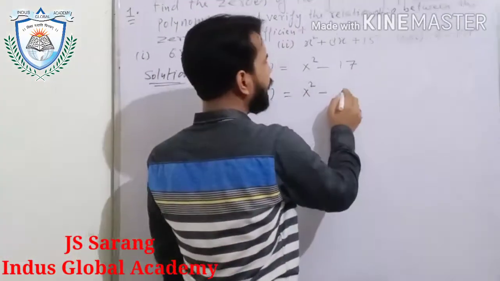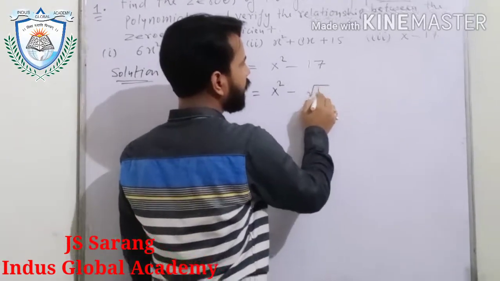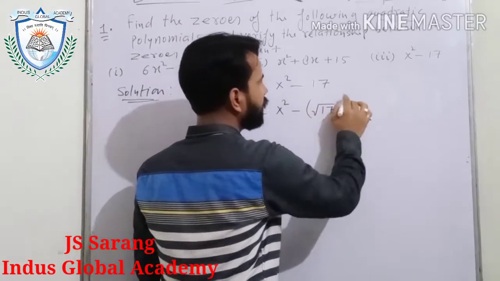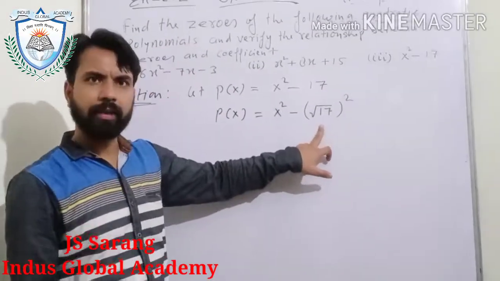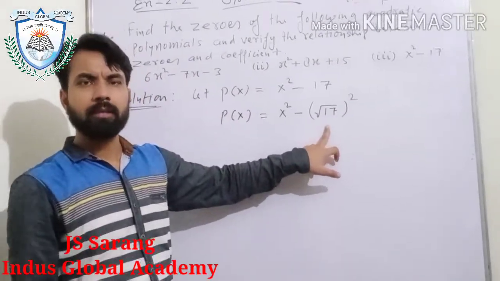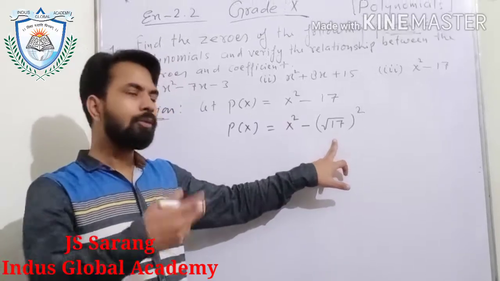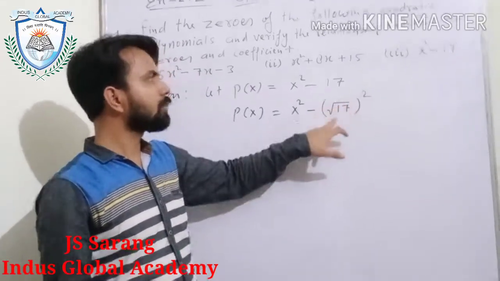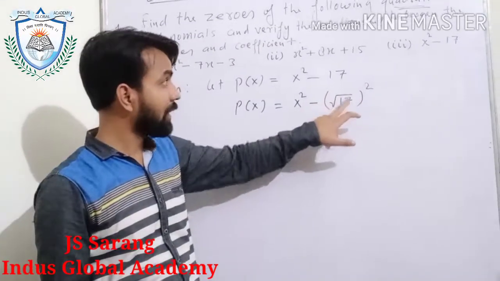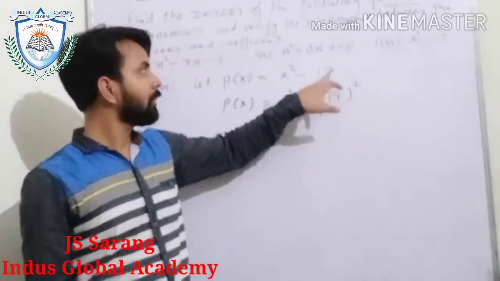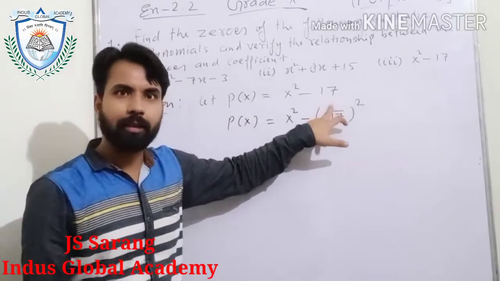So can we write 17 as under root 17 square? Can we write in this manner? Yes or no? Because we know that the square of the square root gives you only 17. Means the square of square root 17, you will get 17 only.